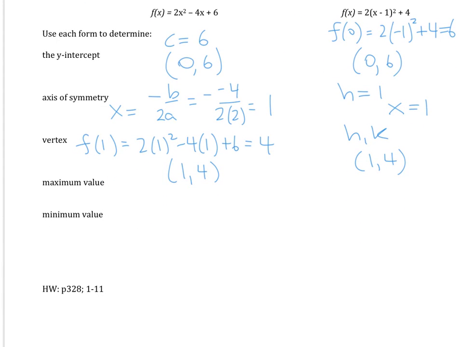Maximum or minimum value, a is positive. So there is no max. It has a min. That would be both cases. A over here is positive. It's 2, and over here it's 2.